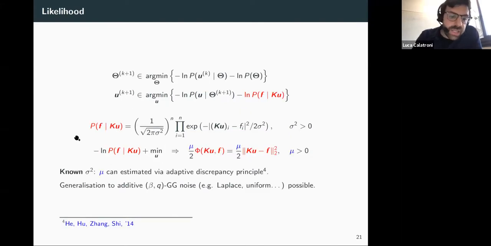And by taking the negative logarithm, the fidelity term that you end up with is the standard squared norm of the difference between Ku and f, depending on some parameter mu, which appears in connection, let's say, to the variance sigma squared that we have here. So to estimate that, we will use in the following the discrepancy principle.